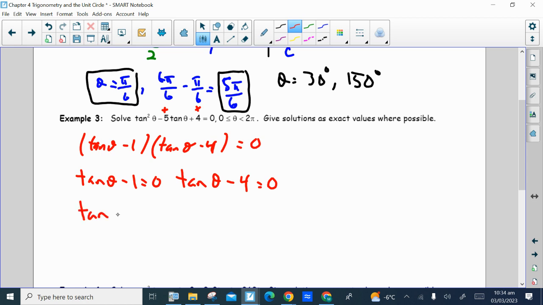So we want to know where the tan of theta equals 1 and where the tan of theta equals 4. Give exact values where possible. There are spots on the unit circle where the tan of theta equals 1.